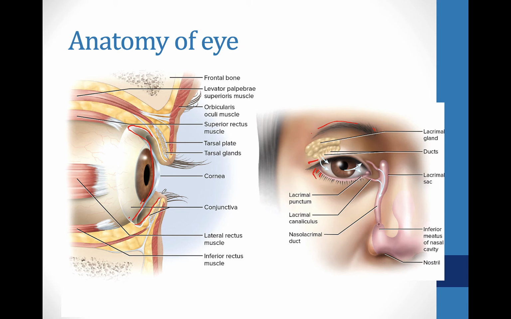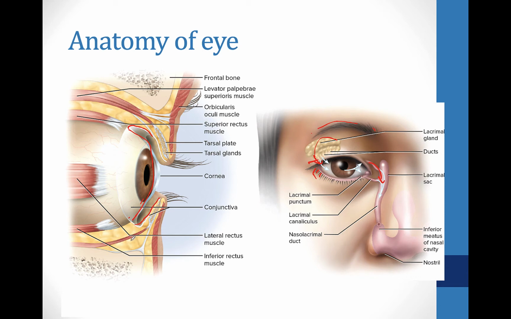The lacrimal apparatus: this is the lacrimal gland, which secretes tears, your tear gland, and then your lacrimal sacs, which are your tear ducts, allow for the secretion and reuptake of fluid. And then we have 6 extrinsic eye muscles.